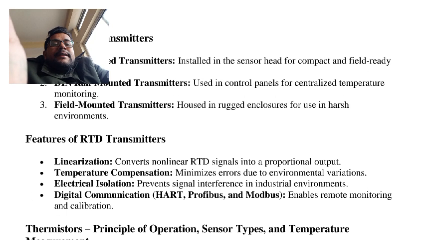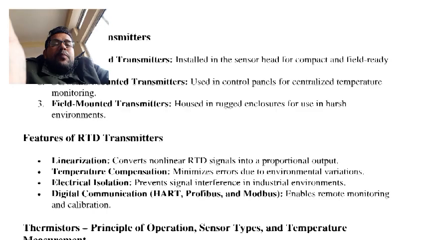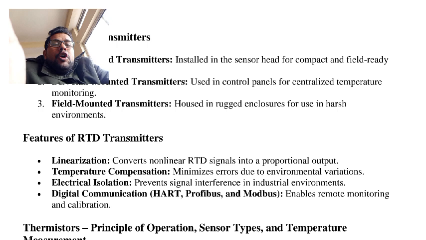So first, linearization, to convert the non-linear output into a linear output proportional to the signal. Temperature compensation minimizes the error due to the environment. The temperature transmitter may compensate the error from environmental variations. Next is electrical isolation, to prevent signal interference in the industrial environment. Next is digital communication.